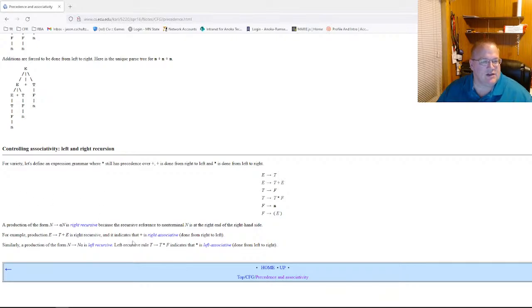Left associative. What does that mean? A production in the form N goes to NA is left associative. Left associative rule indicates that star is left associative, done from the left to the right.